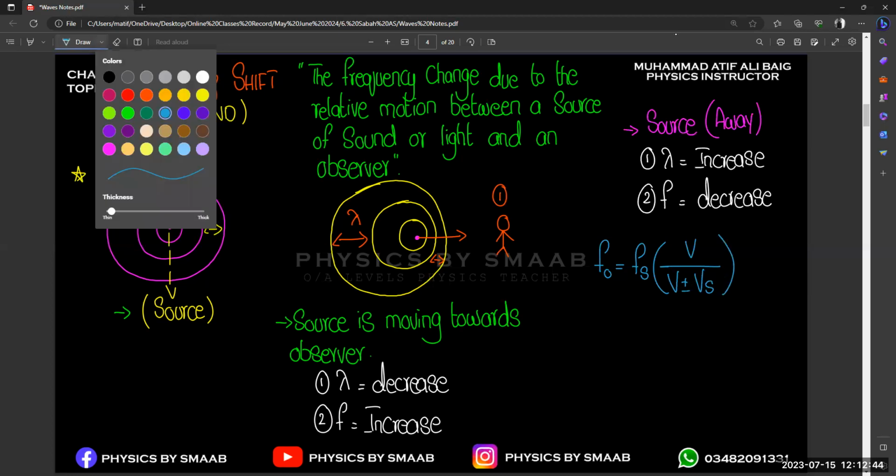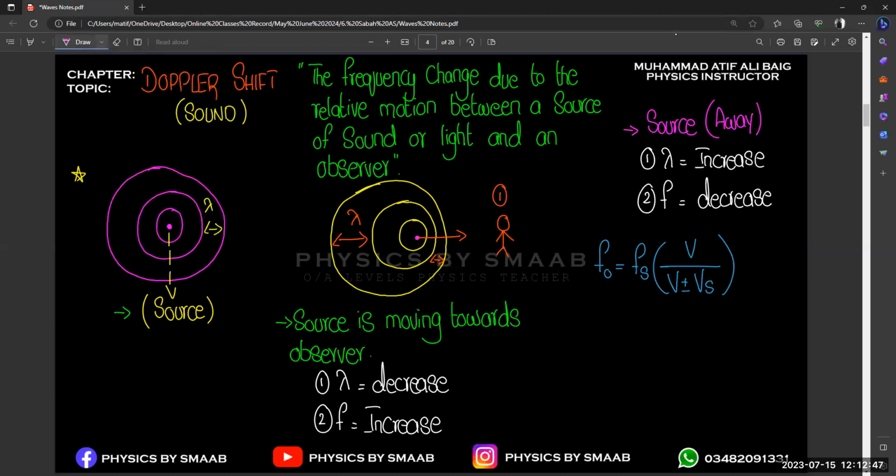If we talk about the factors, f0 is the frequency of the observer, or in simple words, the observed frequency, and fs is the source frequency, the frequency of the source.